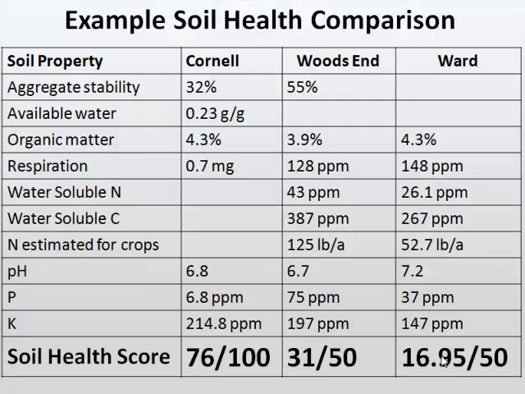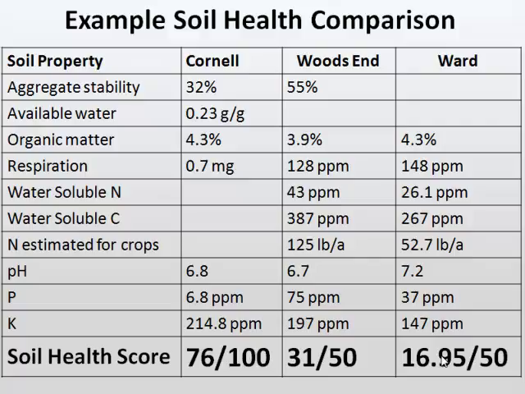Here's something to underscore my point. We took the same soil, an organically managed Hoytville clay, and sent it to these three labs, okay? They came back with different values, and they all gave us a soil health indicator score. Cornell told us our soils were 56 out of 100. Woods End, 31 out of 50, so we multiply that by 2 and get 62.